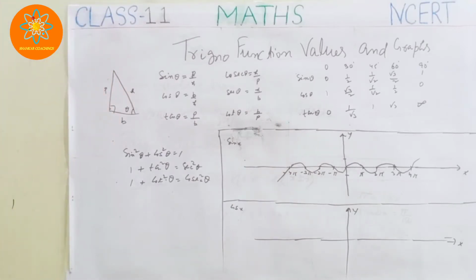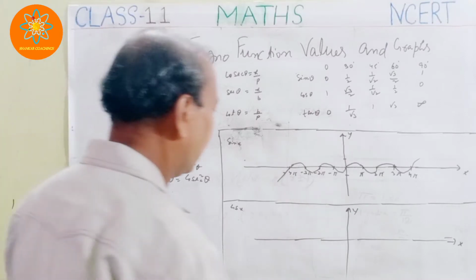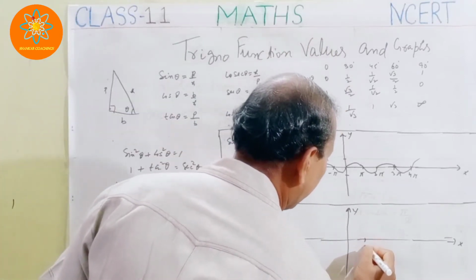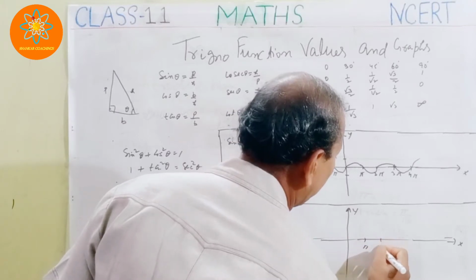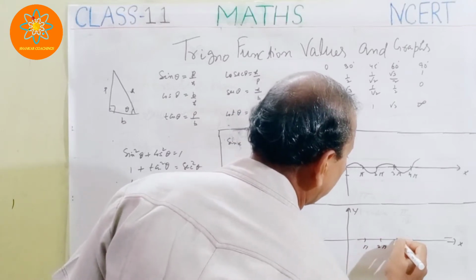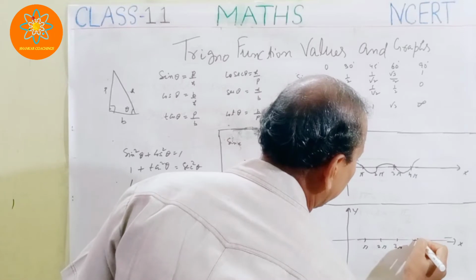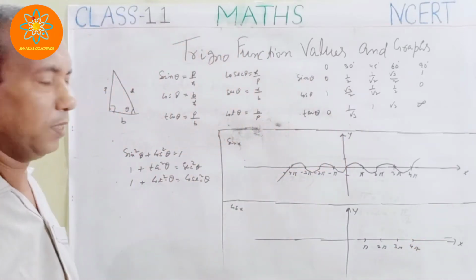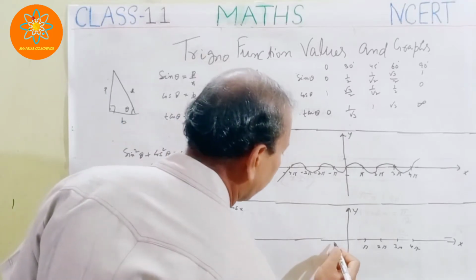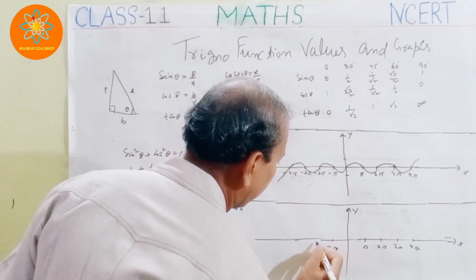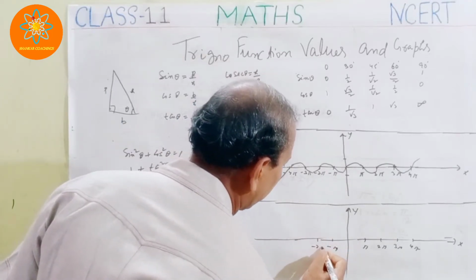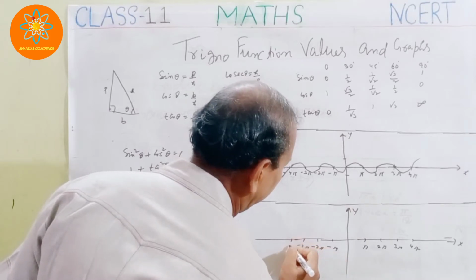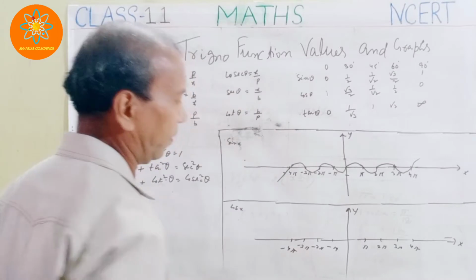Now come to the graph of cos x. Again here, this is pi, 2 pi, 3 pi, and 4 pi. Similarly, I will take the values minus pi, minus 2 pi, minus 3 pi, and minus 4 pi.